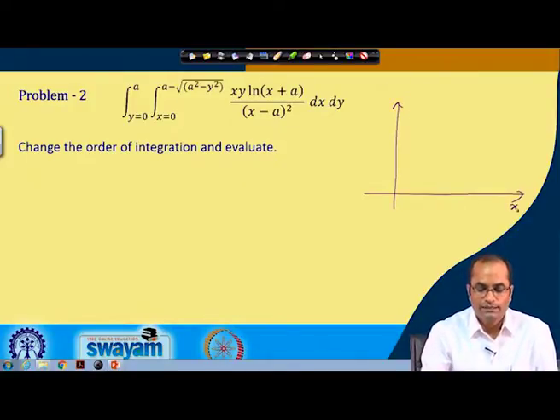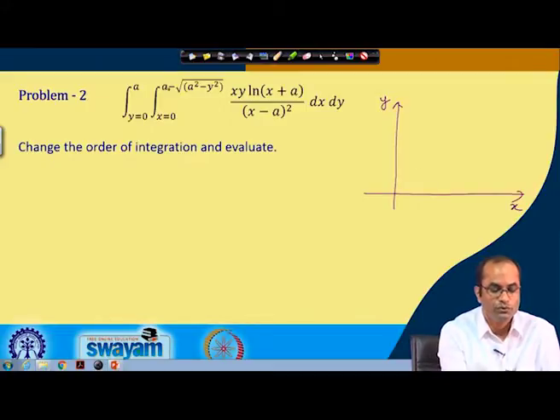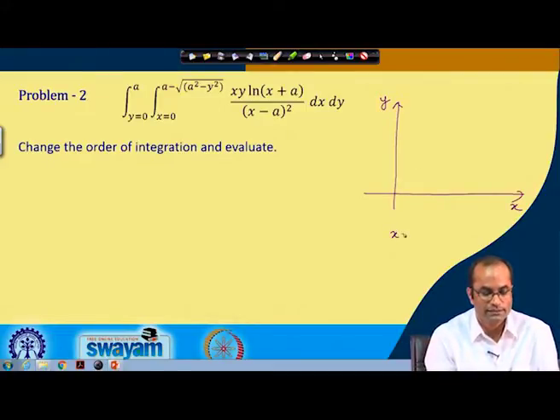So, we have the x axis, we have here y axis, and x goes from 0 to this point. So, what is this? x is equal to a minus square root of a square minus y square. So, if we bring this x minus a and take whole square, then this will be a square minus y square, and this implies x minus a whole square plus y square is equal to a square.